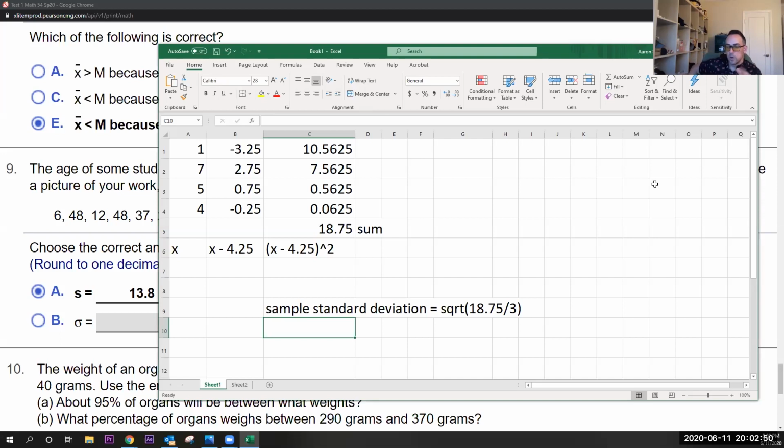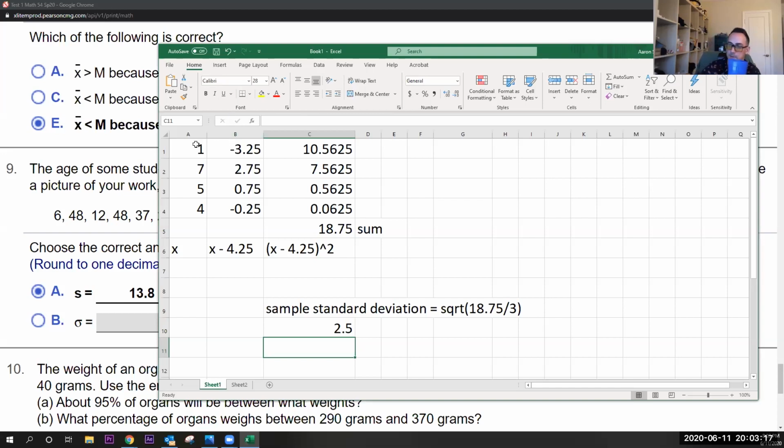It would be the square root of 18.75 divided by 3. I just did it in Excel. So this would be the square root of 18.75 divided by 3, which is 2.5.